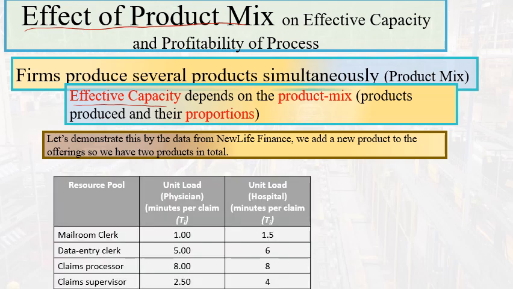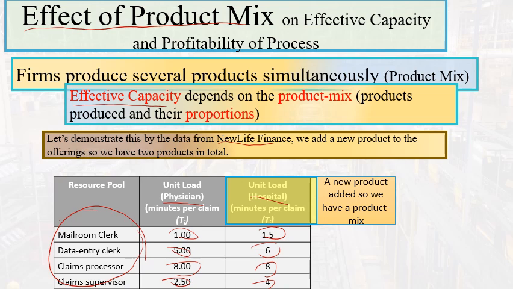For example, here we're looking at the same example, New Life Finance. We still have the same resource pools, but now we have physician and hospital claims. So 2 different products, with a unit load for hospital and physician claims. And now we have 2 sets of numbers.